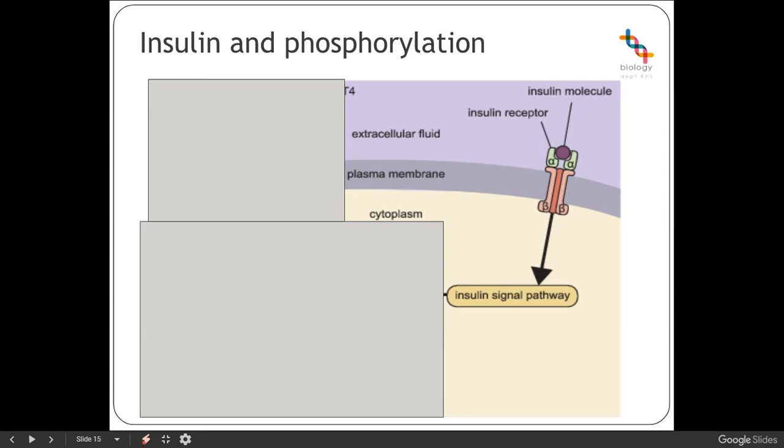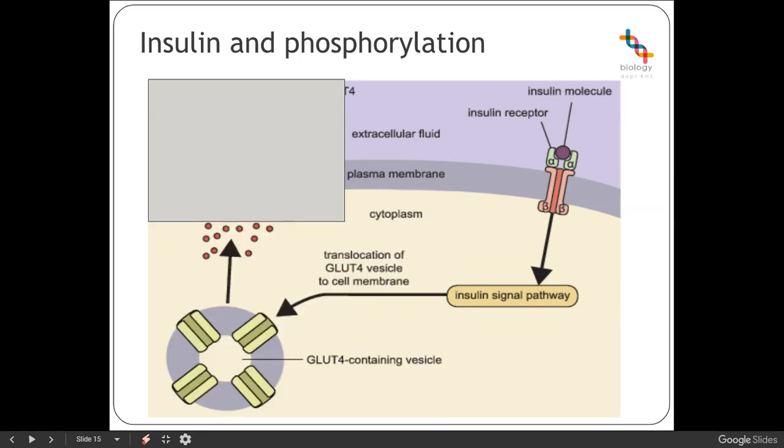Binding of insulin causes a conformational change that triggers phosphorylation of the receptor. This then starts a phosphorylation cascade. This resulting cascade and signal will affect vesicles containing the GLUT4 transporter protein.